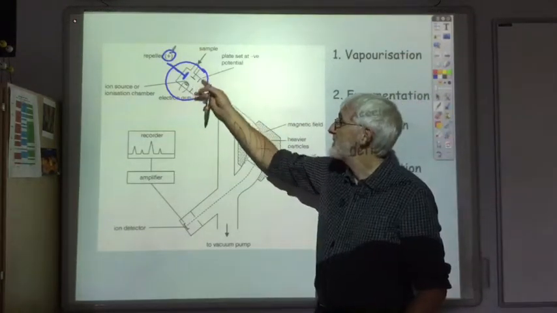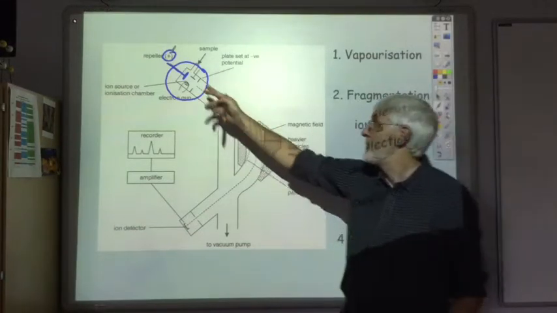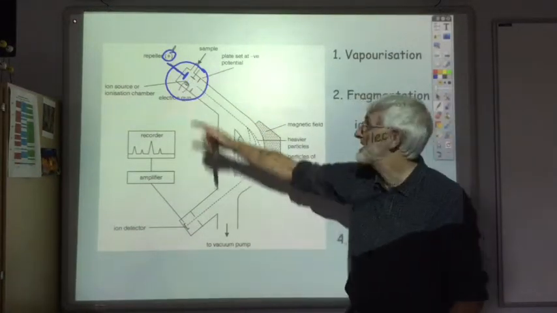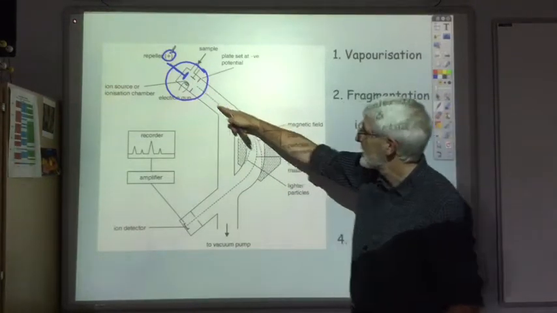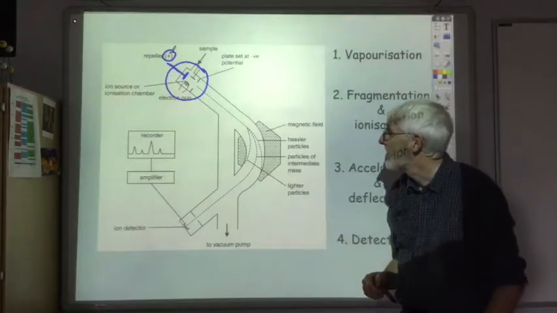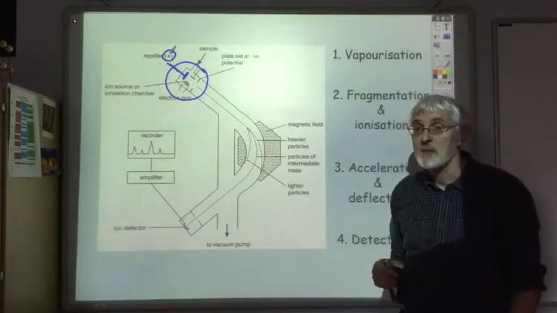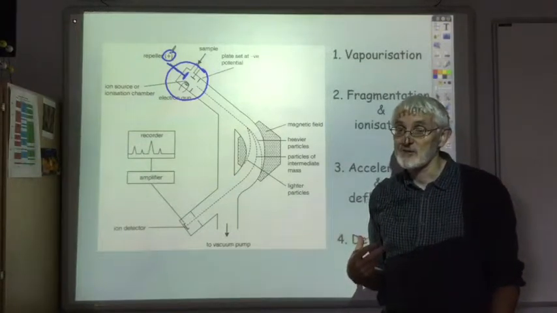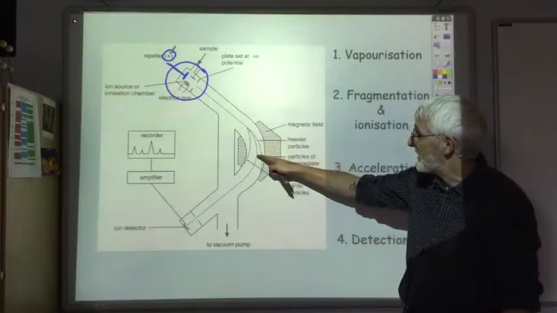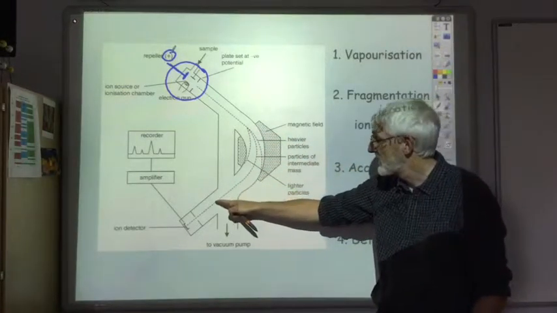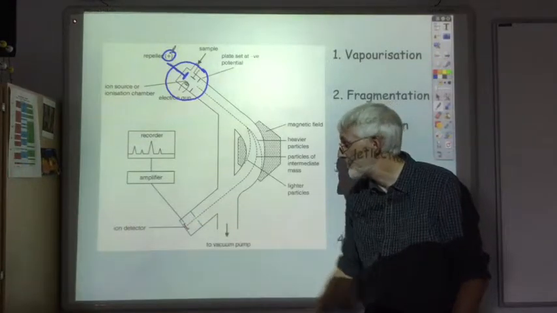All the fragments produced in here have got a positive charge, so the repeller repels those fragments and fires them off down this tube. Okay. Halfway down the tube they meet a magnetic field, and magnetic fields deflect charged particles. So the charged particles get deflected round and eventually they hit an ion detector here which detects them.